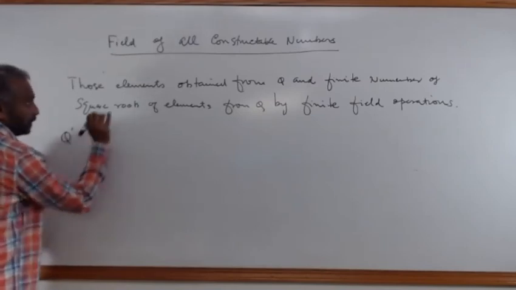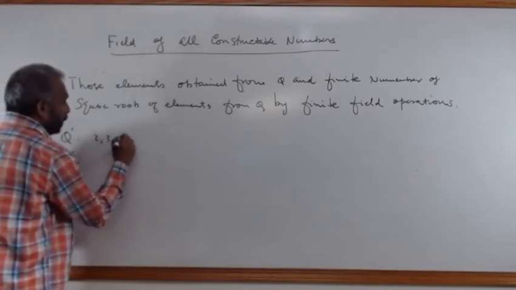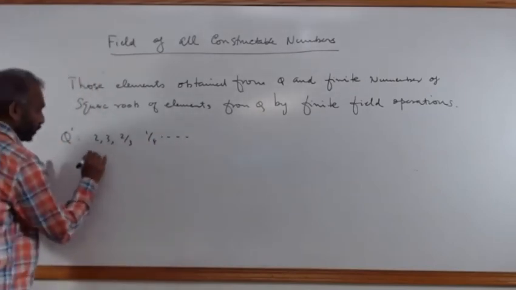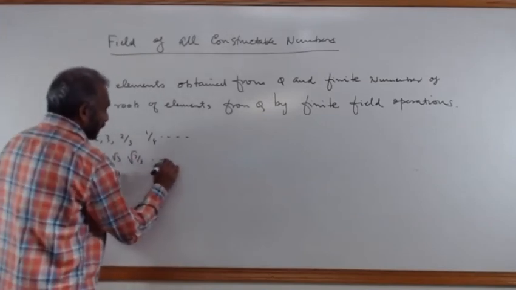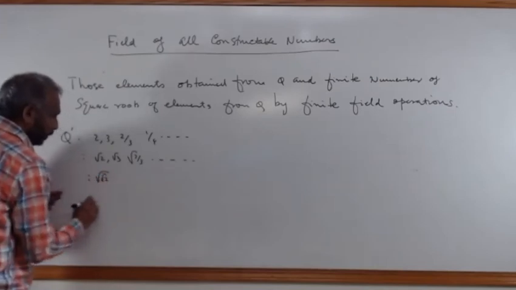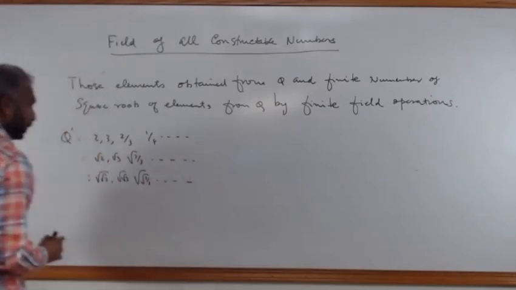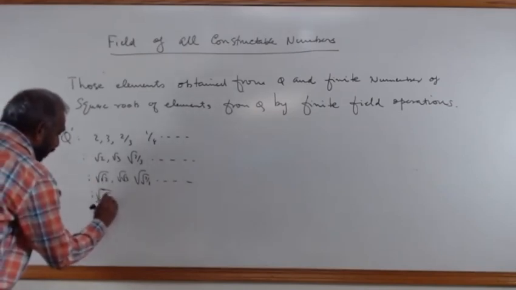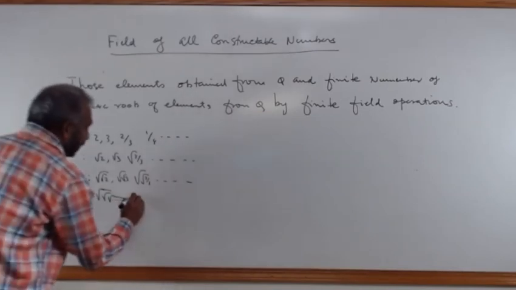I'm going to write the examples of this. You can have all rationals: 2, 3, 2 by 3, 1 by 4, etc. Then all roots: root 2, root 3, root of 2 by 3, etc. And roots of these: root of root 2, root of root 3, etc. You can do this a finite number of times, say root of root of 2, of this form.